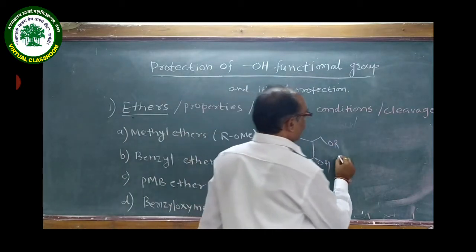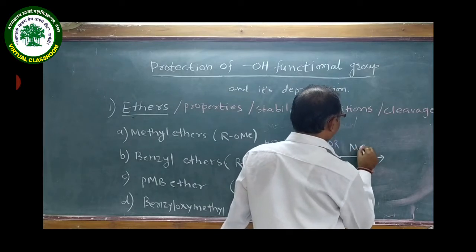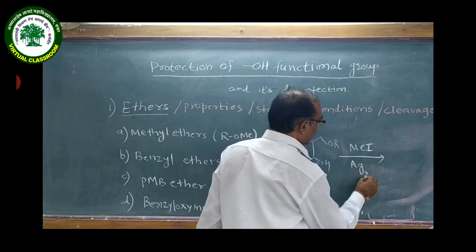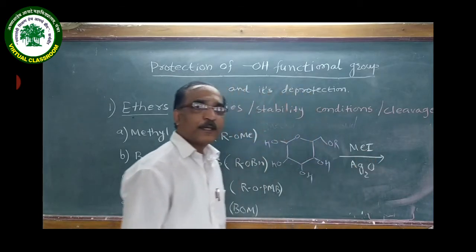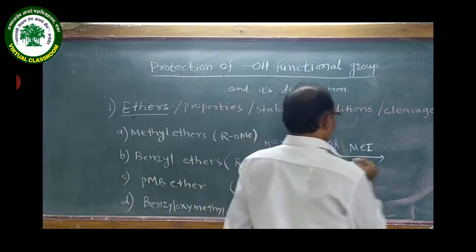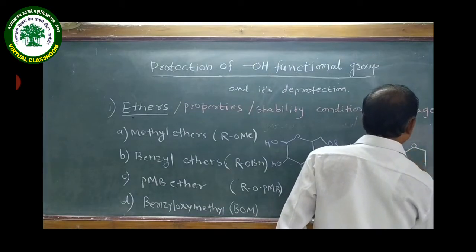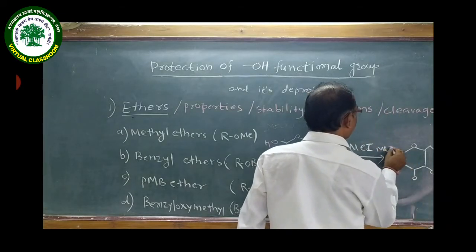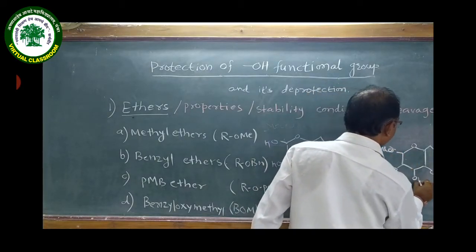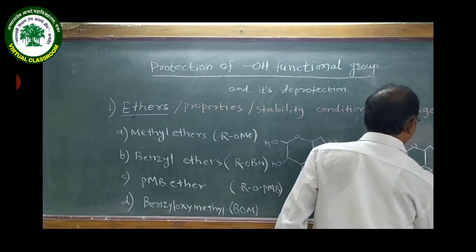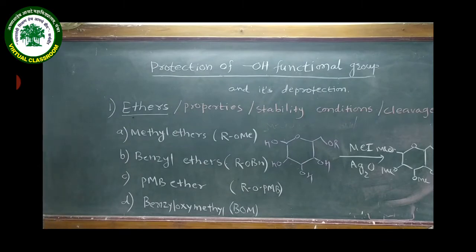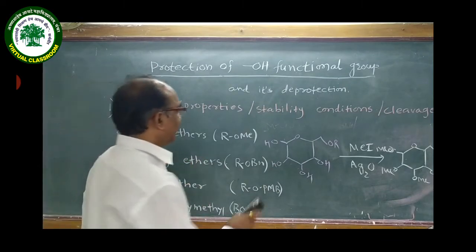When you carry out methylation of this compound using methyl iodide in presence of silver oxide, all secondary alcohols get protected as OMe, meaning methylated, to give the respective methyl ether. So this is about the methyl ether.